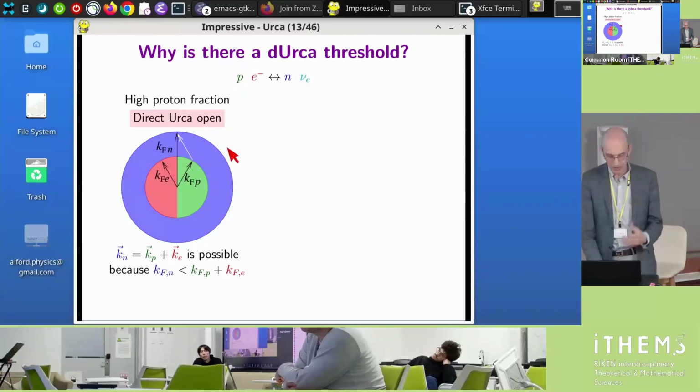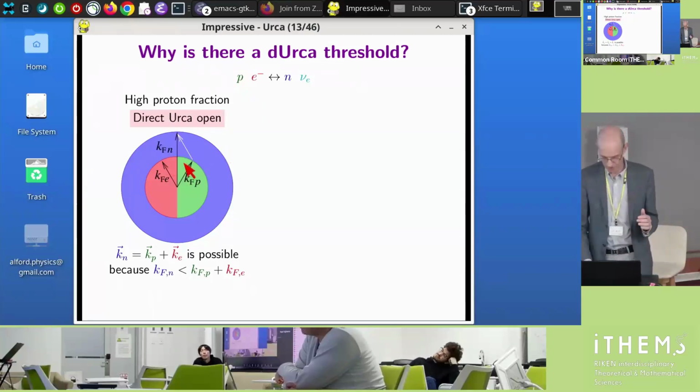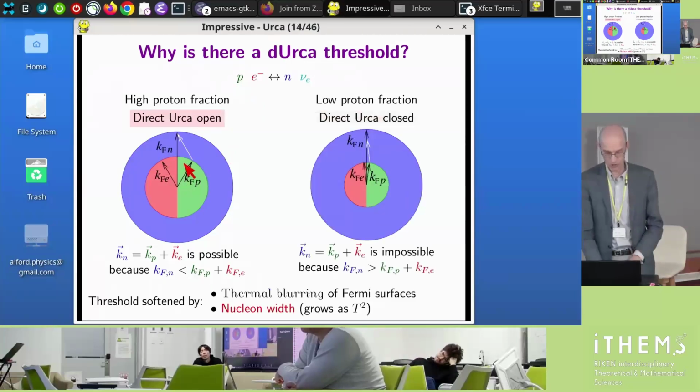However, supposing that the proton fraction is lower, there aren't so many protons around, so now a smaller proton Fermi surface, we still want, in terms of energy, an electron and a proton on their Fermi surfaces to have enough energy to make a neutron on its Fermi surface. But in this case, they don't have enough momentum.